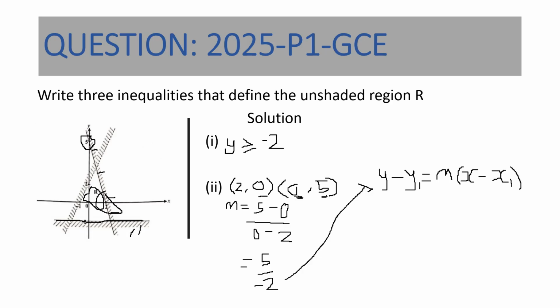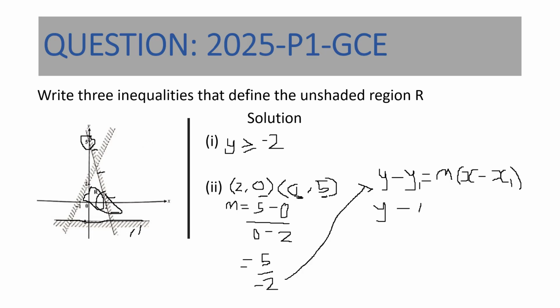So this is the formula I'll use. To start with, I'll bring down the y, then minus y1. The y1 use the one which you used when finding gradient as y1. That's the one you're supposed to use, not the one used as y2. So y1 was the one there.